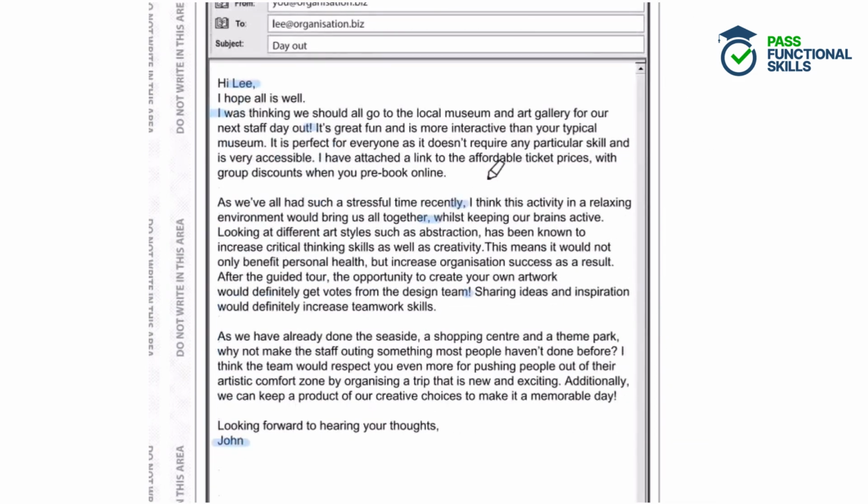So in response, we need to use that similar informal style. We've also got a rhetorical question near the end to try and create a positive and persuasive style. So why not make the staff outing something most people haven't done before, encouraging the reader, Lee, to agree with our idea.